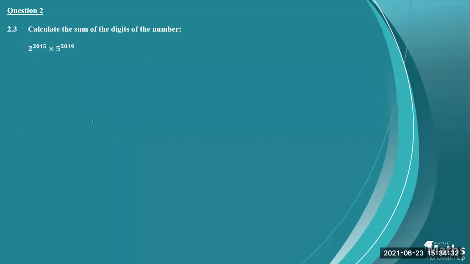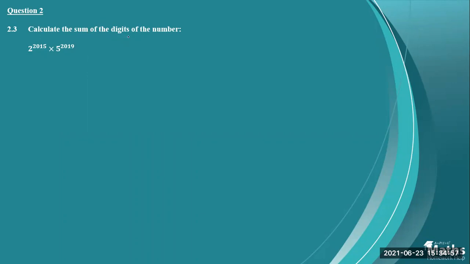Right. Then the last sum here. Calculate the sum of the digits of the number 2 to the power of 2015 times 5 to the power of 2019. So let's see, how would you approach this question?